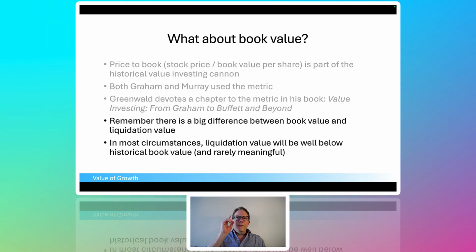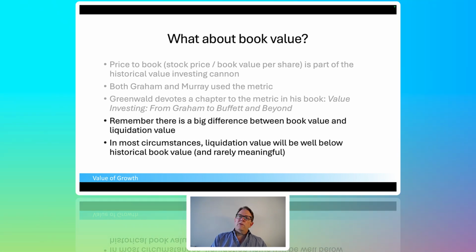All right. Now, first off, remember there's a big difference between book value and liquidation value. I've heard people say over the years, well, book value is safe because that's what I get if I liquidated the business. And it's just not true. Absolutely not true. Now, there are going to be some rare occasions, maybe with a lot of land that is on the books well below its value. But short of something like that, your liquidation value is going to be substantially lower than your historical book value.